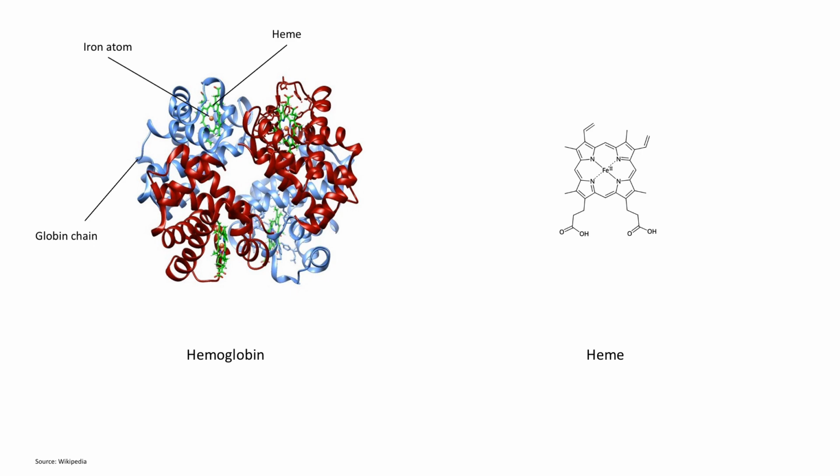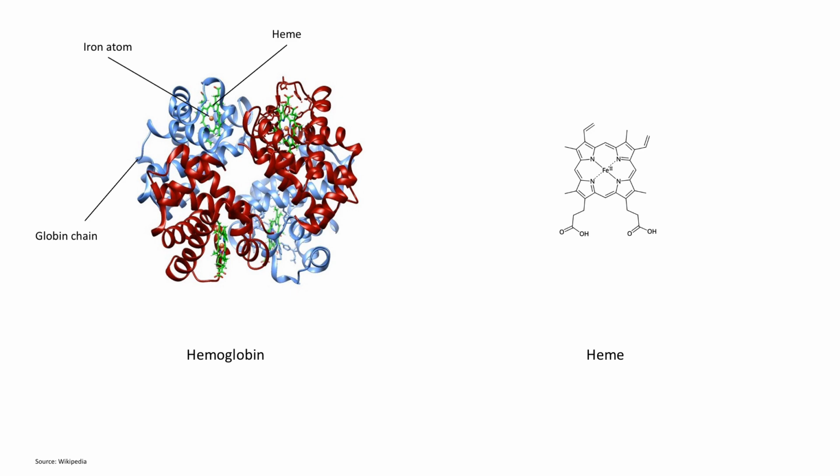Hemoglobin molecules exist in two forms. When no oxygen is bound to hemoglobin, the iron atoms in hemoglobin are not readily accessible for oxygen binding. So the affinity of hemoglobin for oxygen is low when no oxygen is bound.